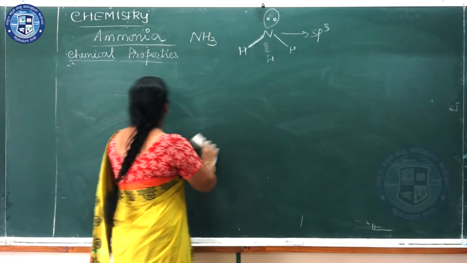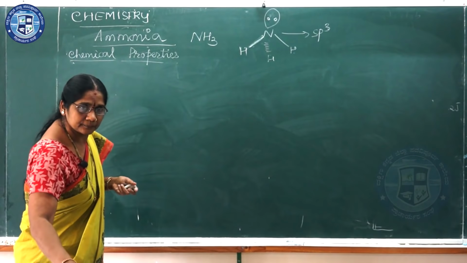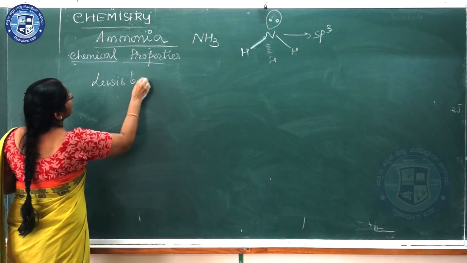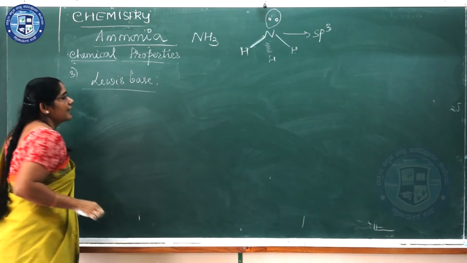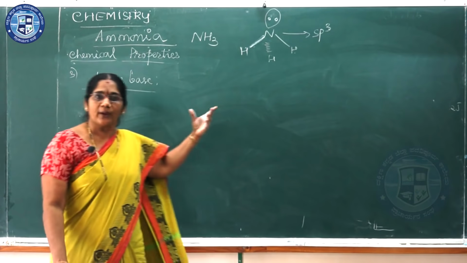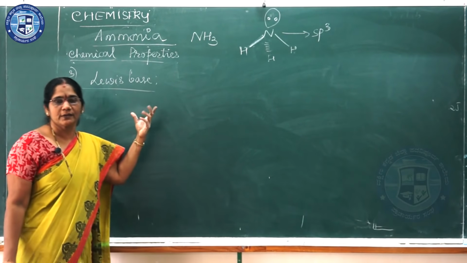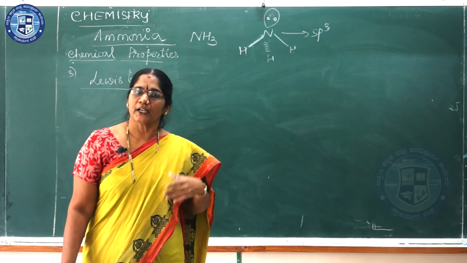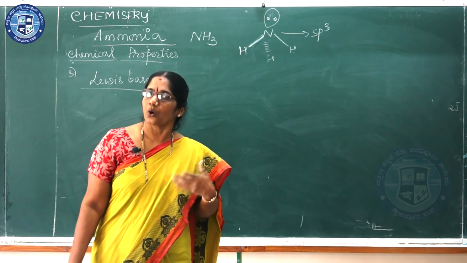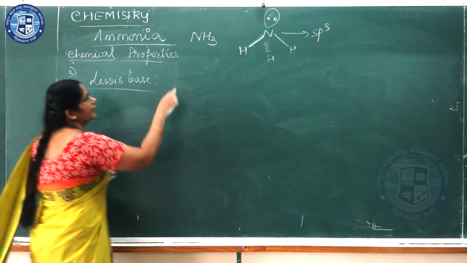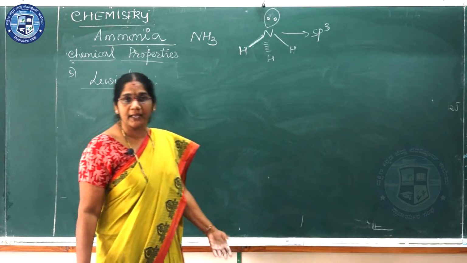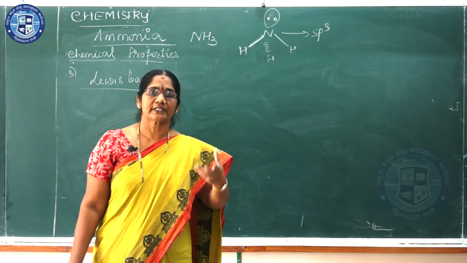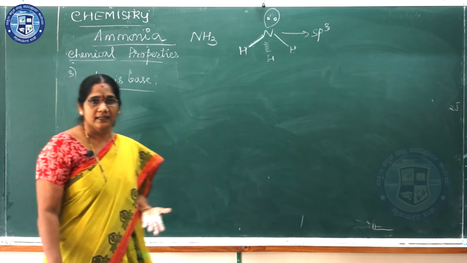Next, ammonia is a Lewis base. The third property is the basic nature of ammonia, where it is a Lewis base. You have studied about Lewis acid base theory last year. A substance which can donate an electron pair is called a Lewis base. So ammonia in its structure has a lone pair of electrons which can be donated to other substances which can receive the electrons, Lewis acids.